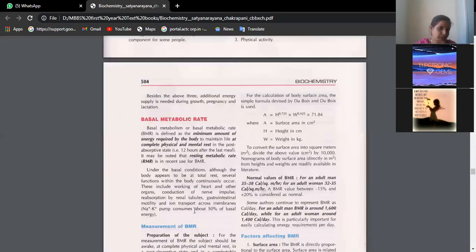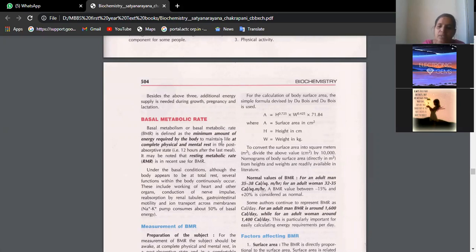See here, beta. You just look at the screen. Basal metabolic rate is nothing but the minimum amount of energy which is required by the body to maintain life. That means minimum: though we are sleeping, though we are at physical rest, still our heartbeat is there, our respiratory rate is there, our muscle is in a partial state of contraction. All our metabolic activities are still functioning, though we are at complete physical rest.